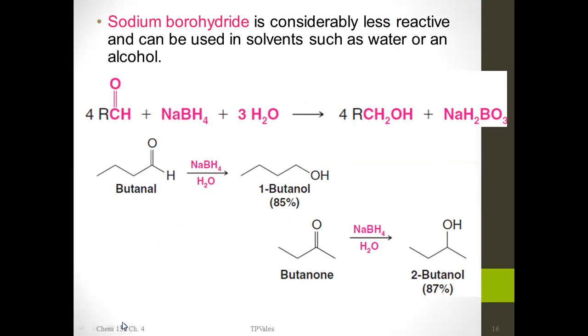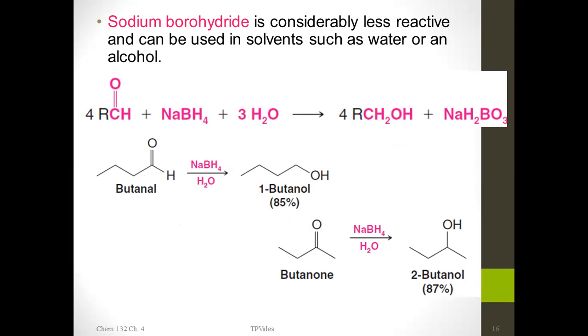So sodium borohydride is considerably less reactive and can be used in solvents such as water or alcohol. I've already mentioned that one. Since it's less reactive, the sodium borohydride doesn't react with water, so it's possible to use water as a solvent.